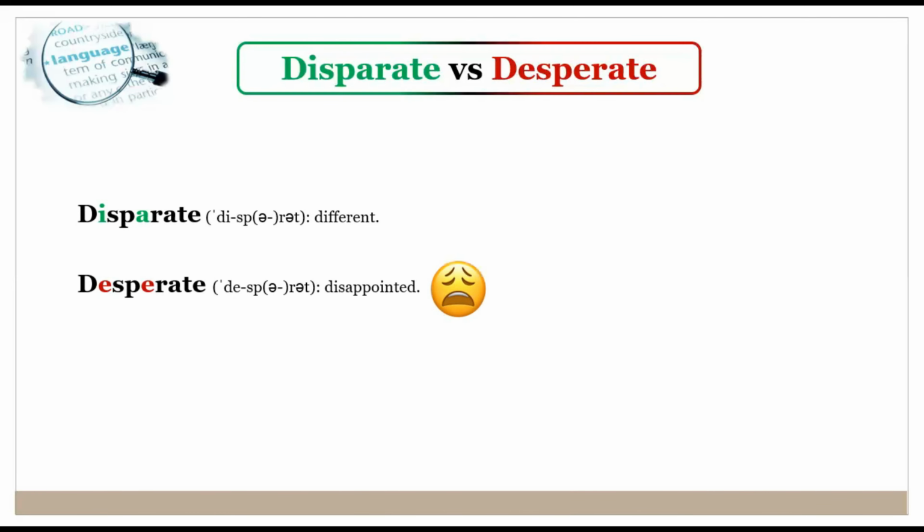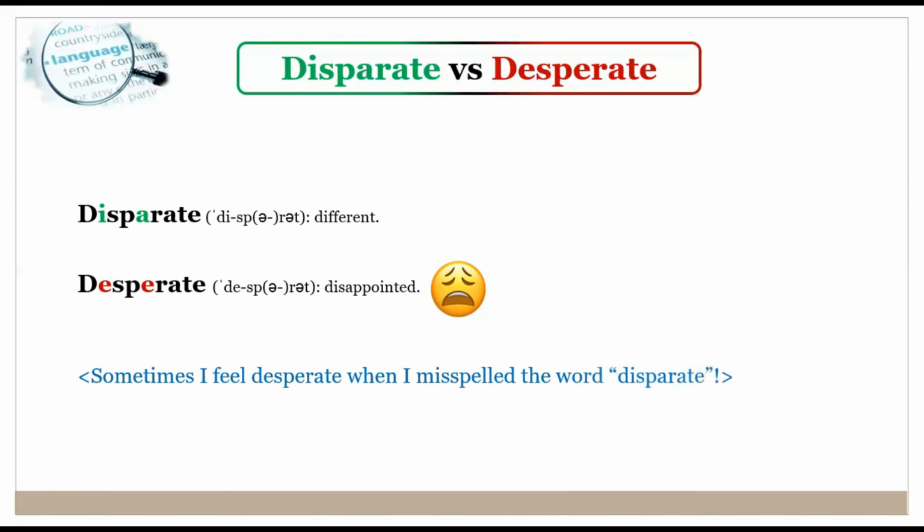Simply, it means different. And desperate, the second one here, simply means disappointed, as in this emoji. The two words are totally different in spelling and meaning, and there is also a slight difference in pronunciation. So please don't confuse the two words. I put the two words in one sentence: sometimes I feel desperate when I misspell the word disparate.